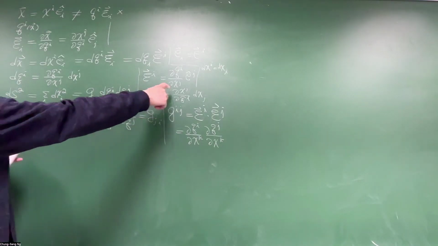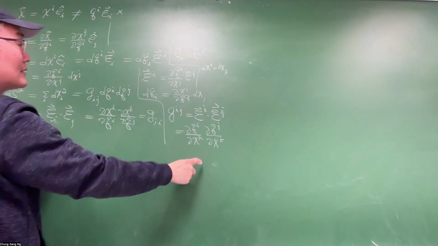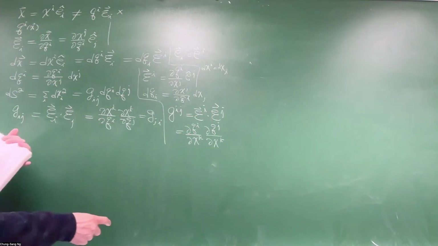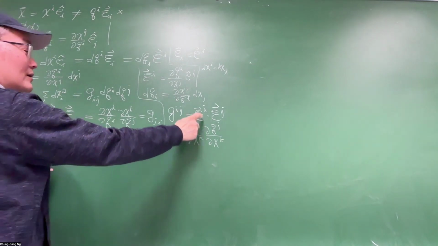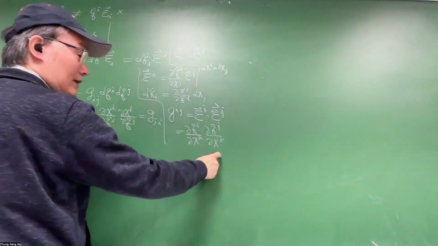Because you substitute this into here, and you take a dot product between the two, you get a Kronecker delta that allows you to become a sum over this k index. Okay, and again, you can see that they're symmetric.